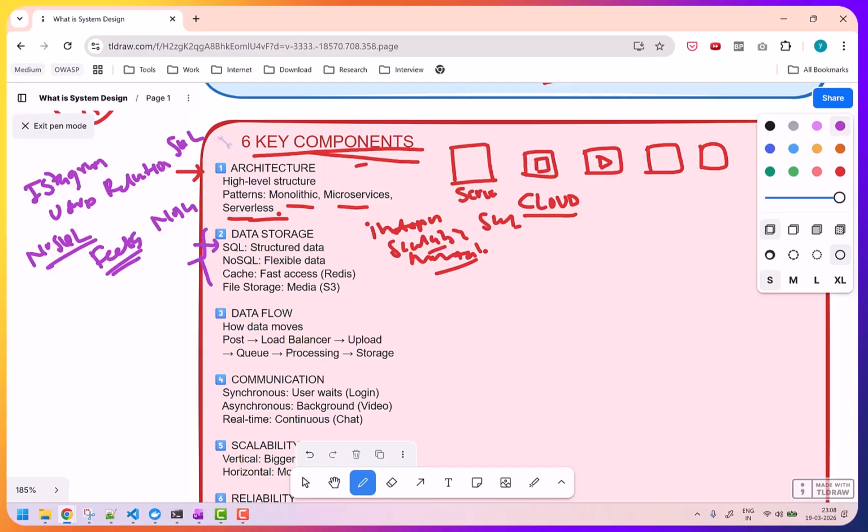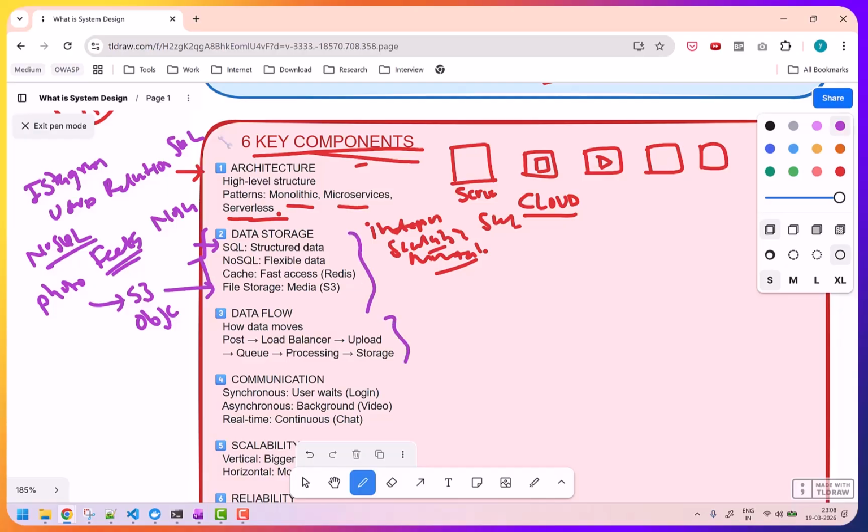Then all your photos go to S3, which is an object storage. So you need to decide all kinds of data needed in your application and figure out how we are going to store it so that we can scale it, right? Hence, data storage is very important.